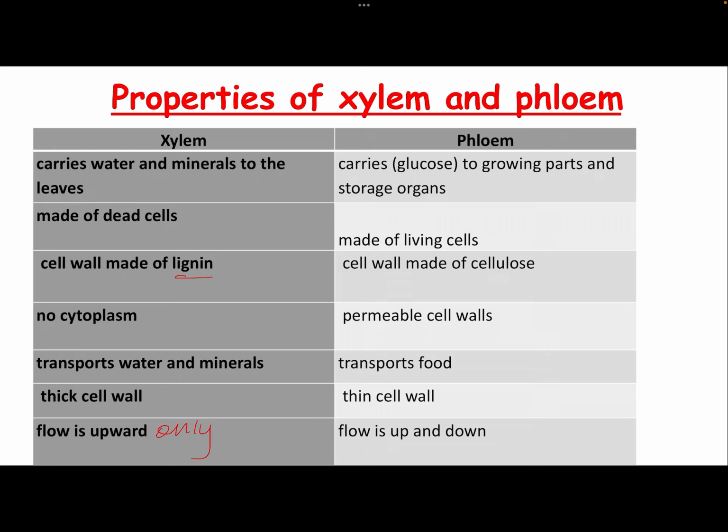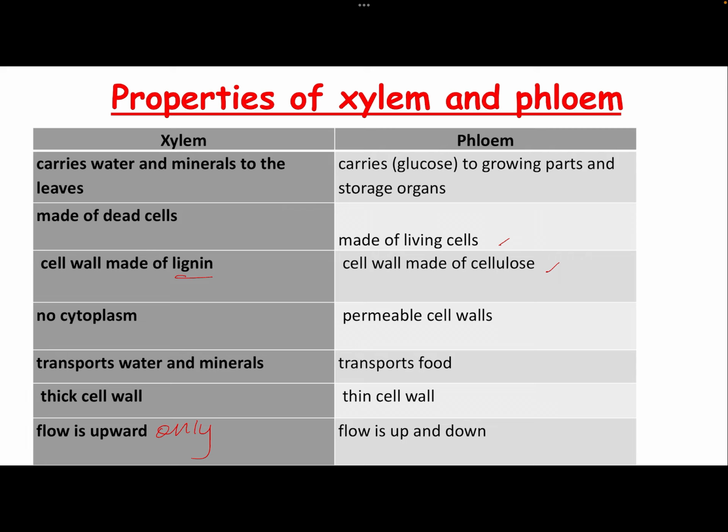Phloem, on the other hand, carries glucose to growing parts and storage organs. It's made of living cells. Cell wall made of cellulose. So you can see in the xylem, the cell wall is made of lignin. In the phloem, it's made of cellulose.